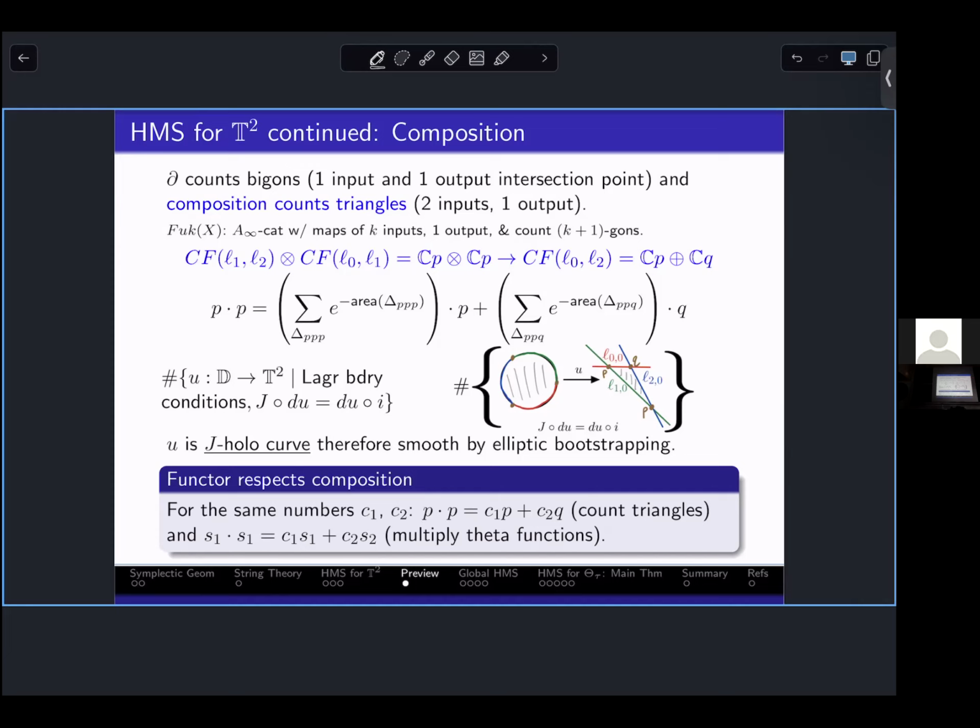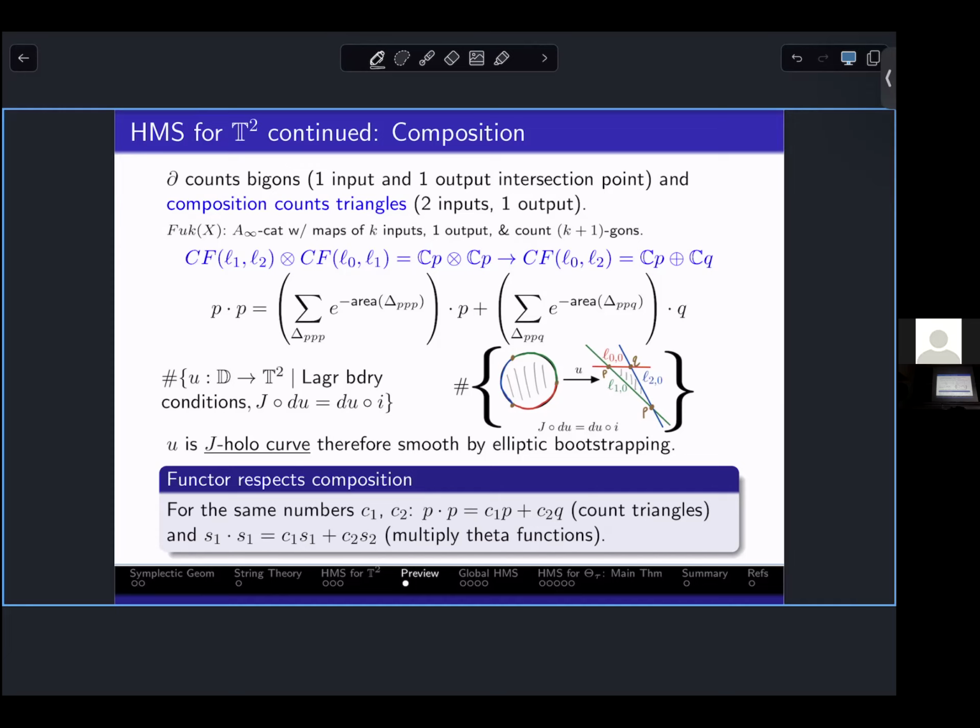These are the counts of pseudo-holomorphic curves, u from the disk to a triangle on the 2 torus, so that the boundary of the disk goes to the 3 Lagrangians. And remember, we always have a J. So it's holomorphic in the sense of the Cauchy-Riemann equations: the derivative of the map commutes with I, it's a complex linear map, because we always have the J. So we say u is a J-holomorphic curve.